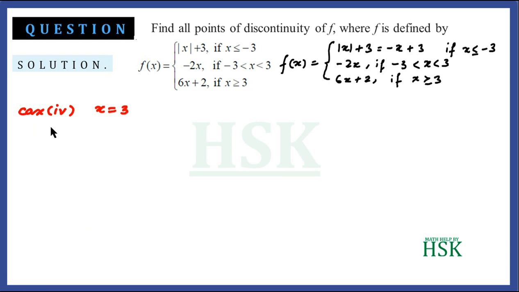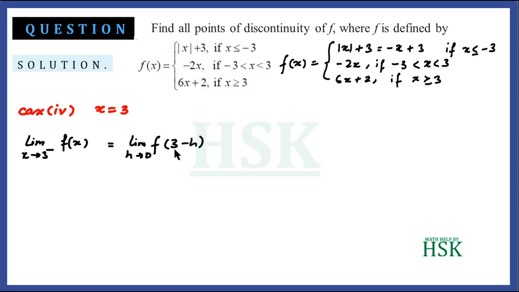Again, we are going to take the fourth case in which x is equal to 3, and for this we are going to first of all calculate the left hand limit and right hand limit when x tends to 3. So limit of x tends to 3 negative, that is the left hand limit of this function, at x is equal to 3 would be equal to limit of h tends to 0 of f of 3 minus h.